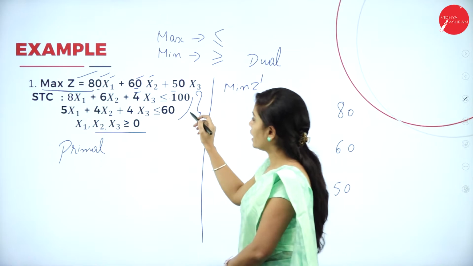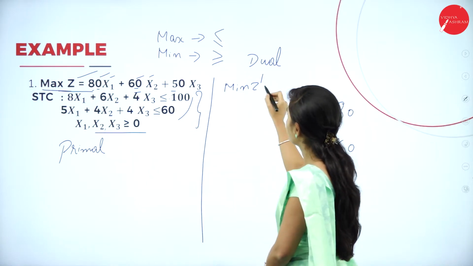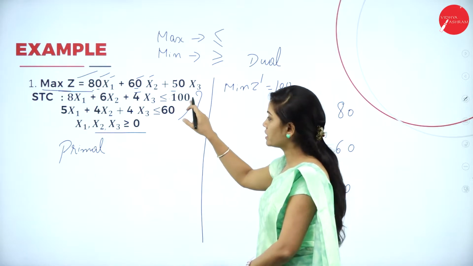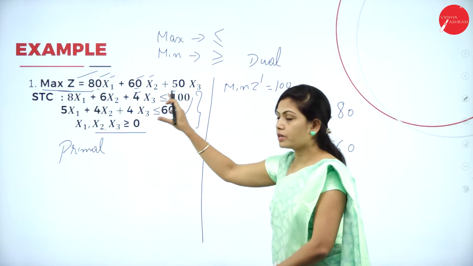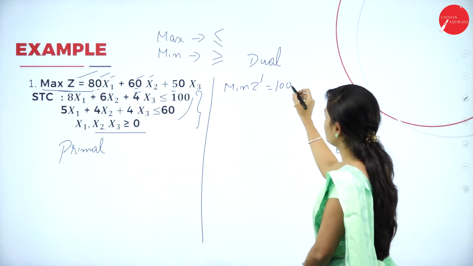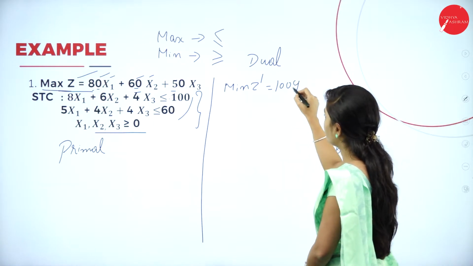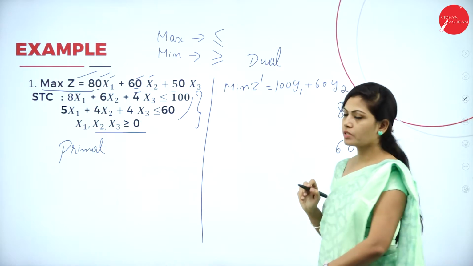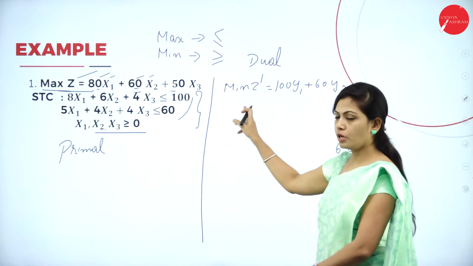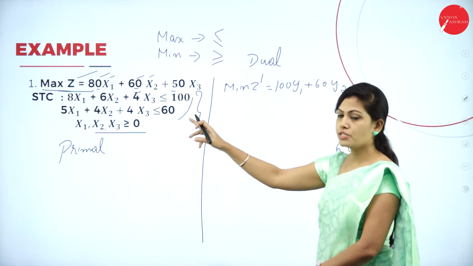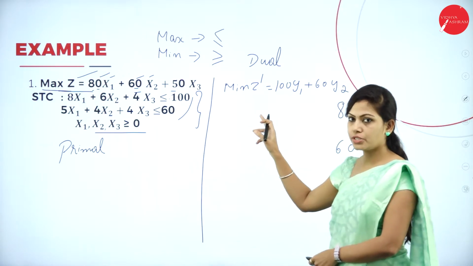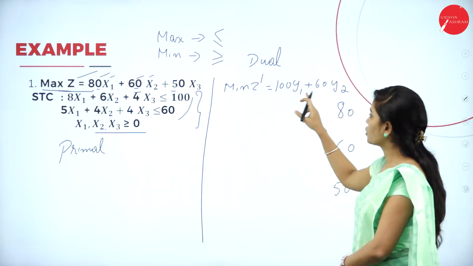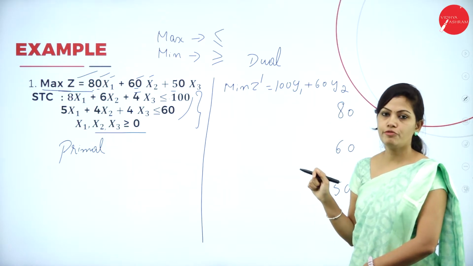So here I will convert this into dual. The RHS of this constraint, 160, will become the coefficient of the objective function. So 100y1 plus 60y2. So this is your objective function now. Max z changes to min z dash and RHS values will become the coefficients of the objective function.